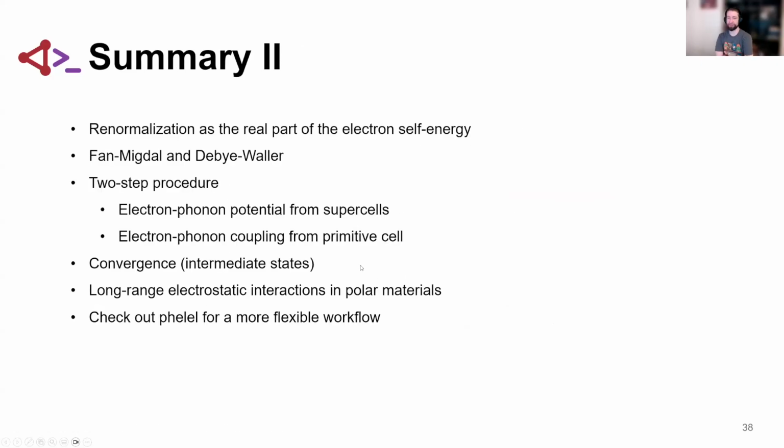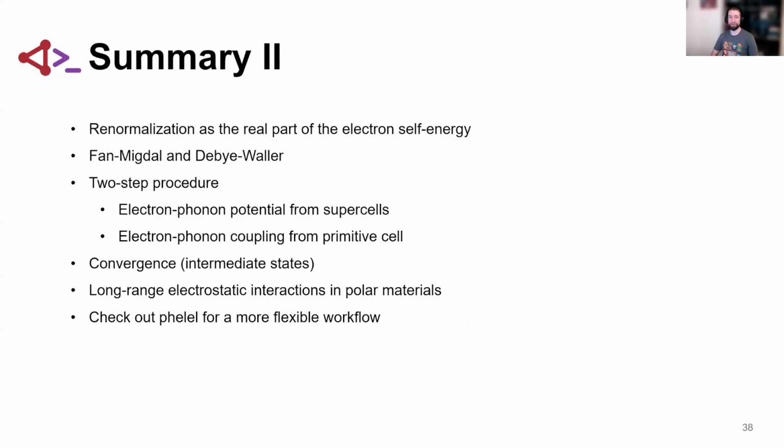Okay, and that brings me to the summary of the second part that deals with the renormalization using our new perturbative code. I showed you what the renormalization is in terms of self-energy diagrams and how you can obtain it as the real part of both the Fan-Migdal and the Debye-Waller self-energies.